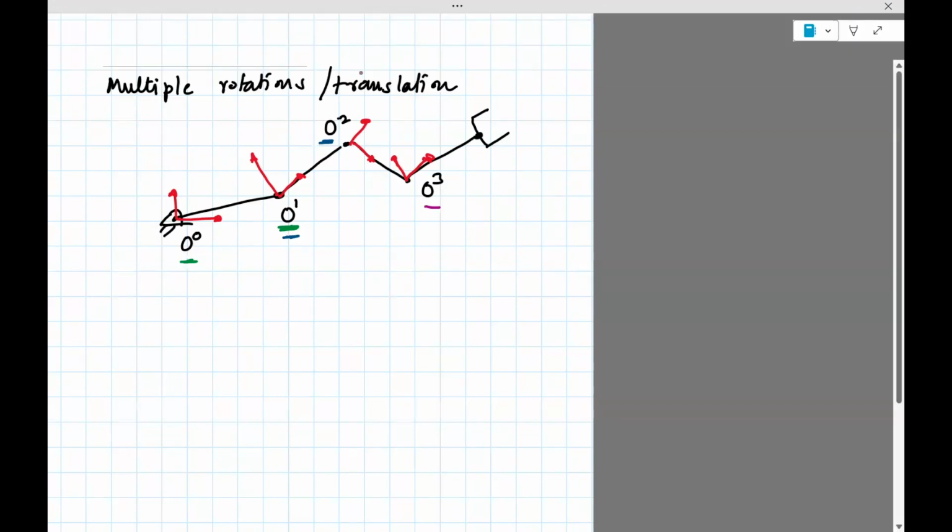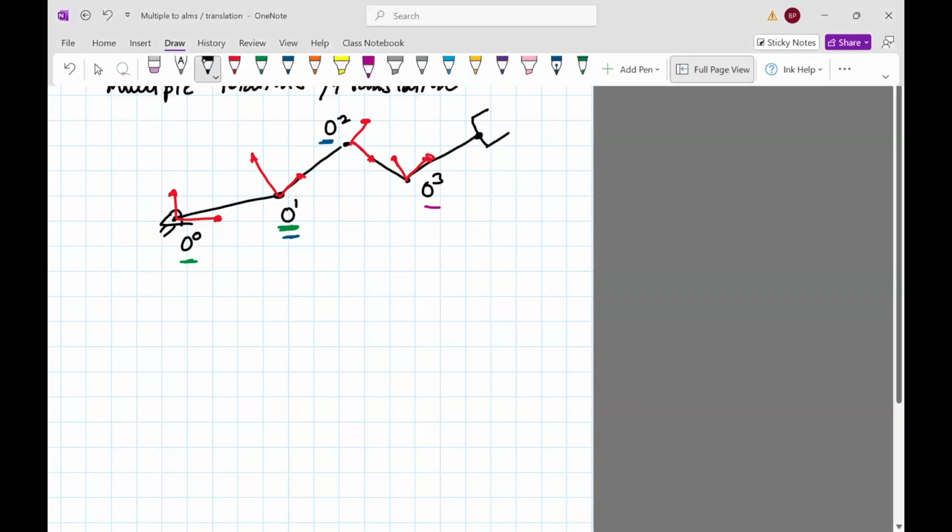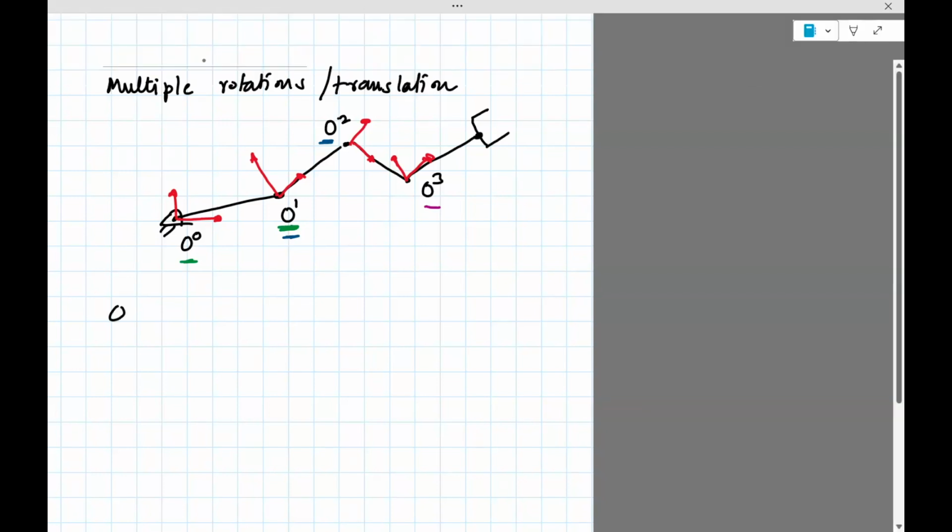So we'll have to keep applying this formula recursively from frame 0 all the way to frame 3. In this case, we will have x0, y0, z0, O1, x1, y1, z1, O2, x2, y2, z2, and so on.